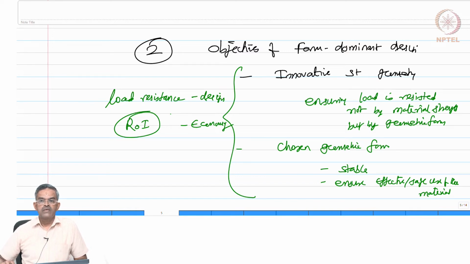Therefore, it empowers a quick return on investment. So, form dominant design is not only a design procedure, it also ensures economic and safe use of the material. So, in form dominant design, we have to get along with the plastic design procedure, which we will be discussing in this course in detail.